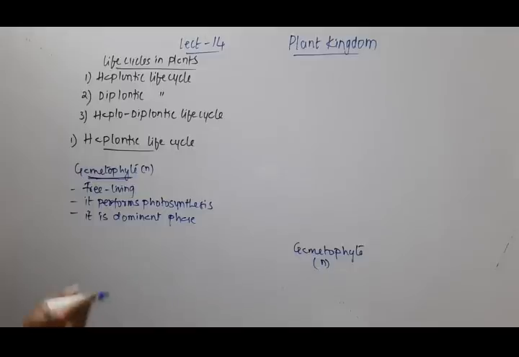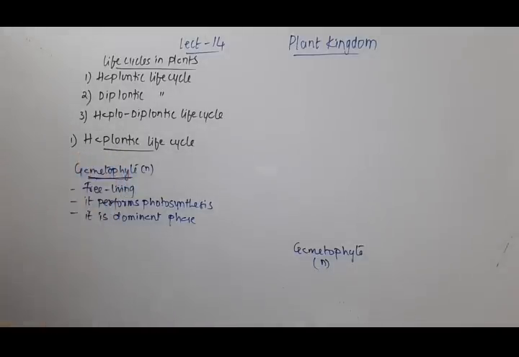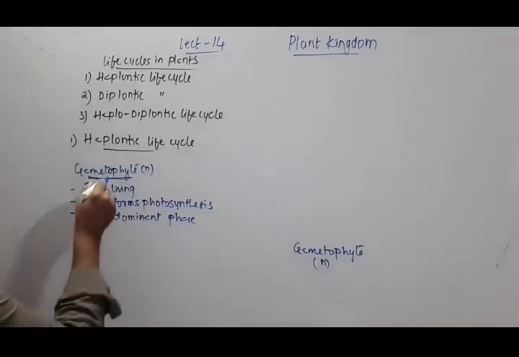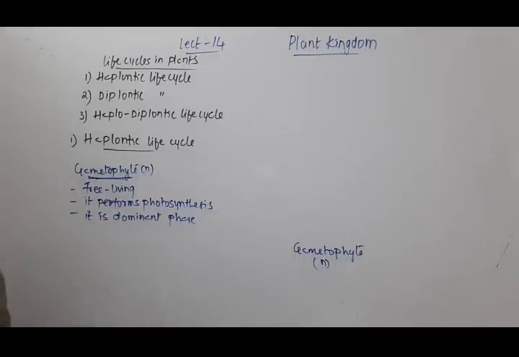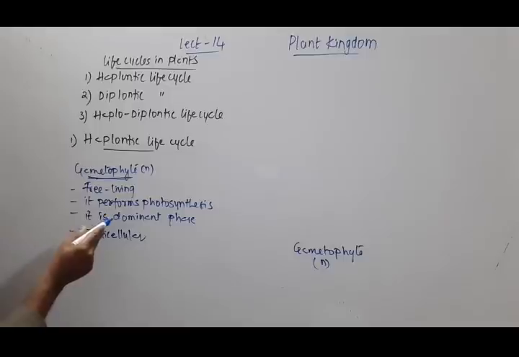Because the gametophyte is haploid, we have given the name haplontic. Now one more point: the gametophyte is multicellular. So it is free living, performs photosynthesis, is the dominant phase, and is multicellular.